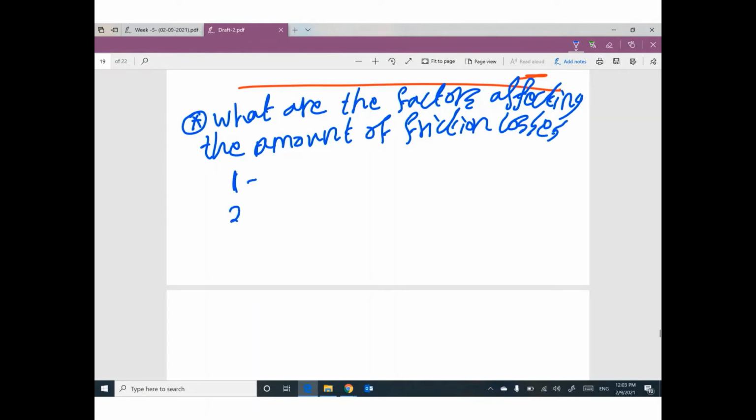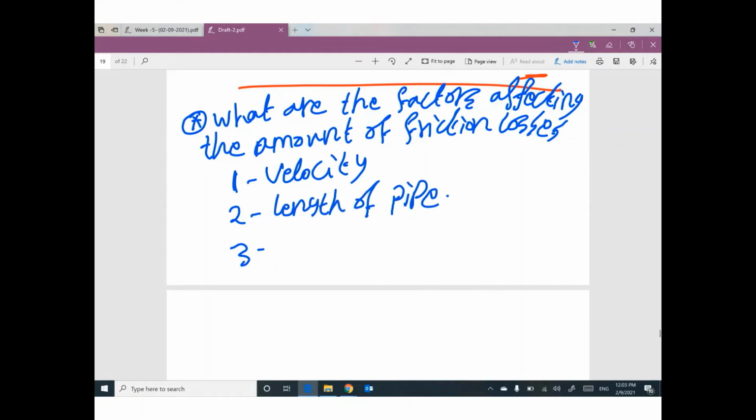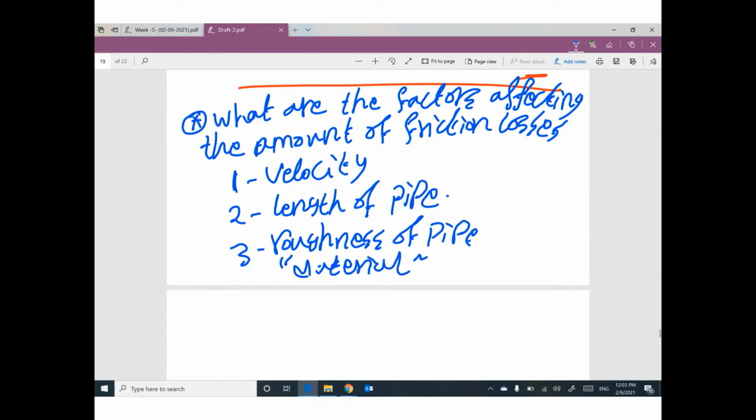We have three factors. Number one, the velocity of flow, the length of pipe, and the roughness of pipe, which depends on the material of the pipe. That makes sense? Any question?